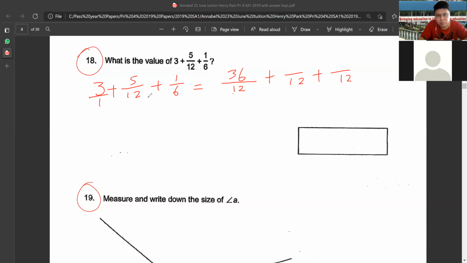Then here, 5 remains as 5, right? Yes, because no change in the denominator. How about the last one? 36. Oh, I write 36 down here. No. 2. You write 2 down here.